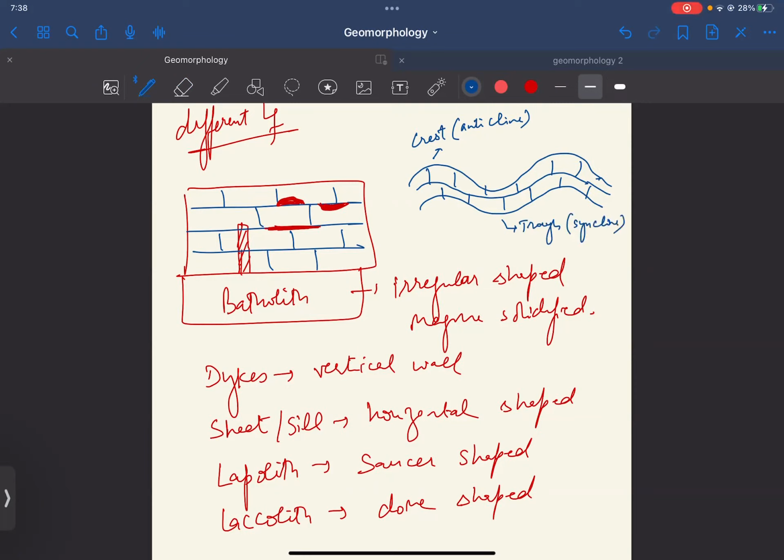So along the anticline and syncline region, you find waves of deposition forming. These are known as phacolith.